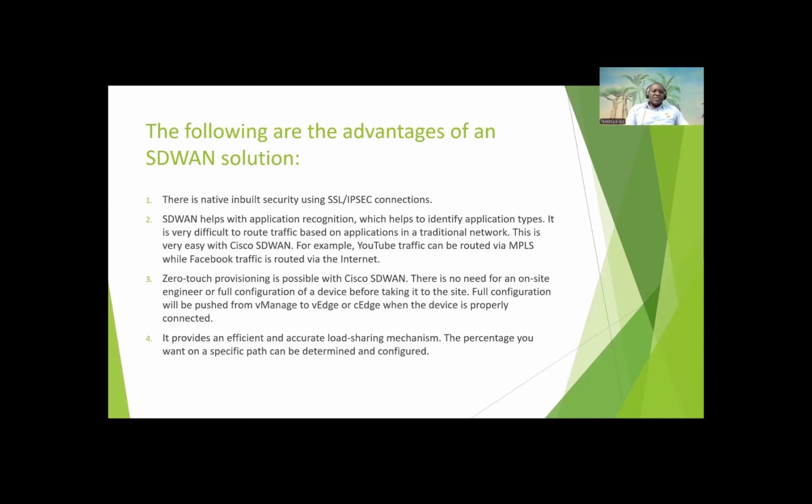Then another advantage SD-WAN will give you is that it is very easy to deploy, and that is why we talk about zero touch provisioning, whereby when it comes to your V edges, we call them X edges, and the reason why we call it X edges is that it can either be V edge or C edge. The V edge means Viptela edge, while the C edge means Cisco edge.